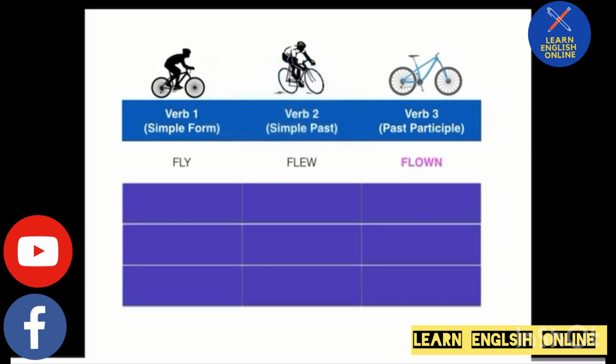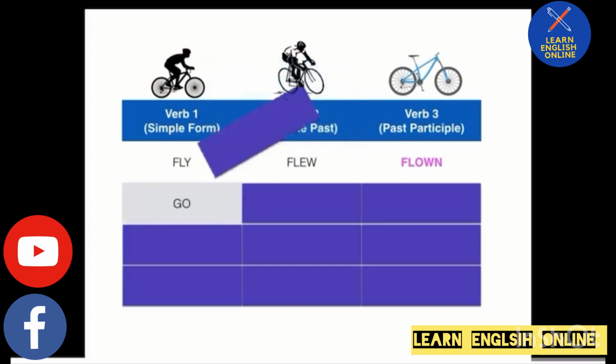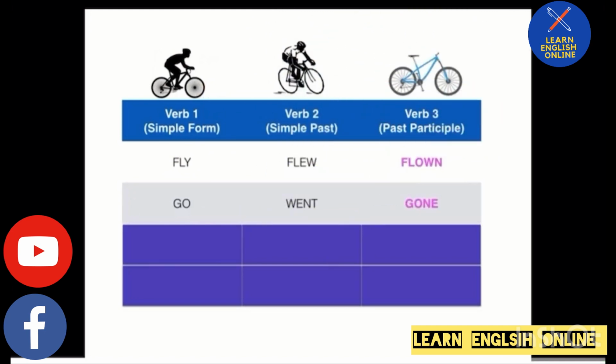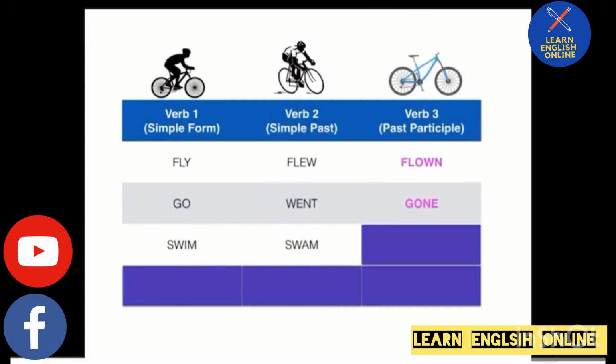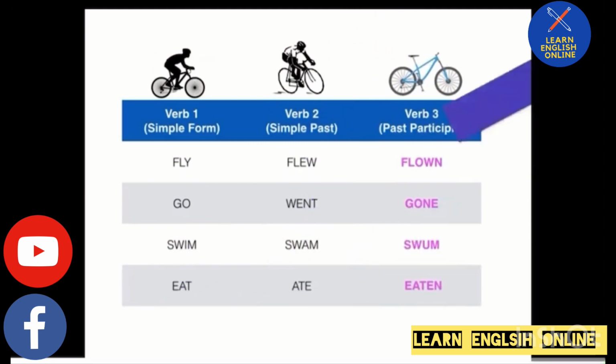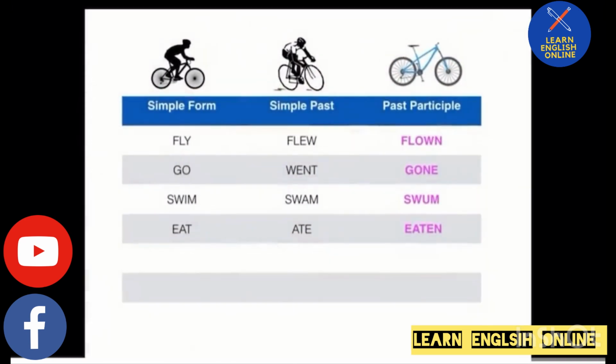Okay, let's look at some more examples. Go, went, and gone. Swim, swam, and swum. Eat, ate, and eaten. Let's look at a couple other examples that are a little bit different.